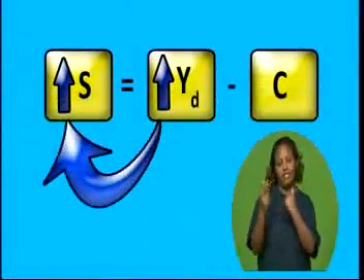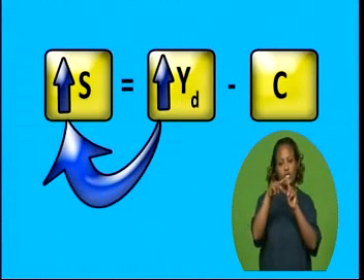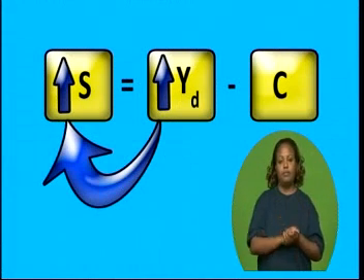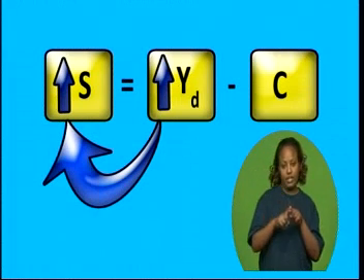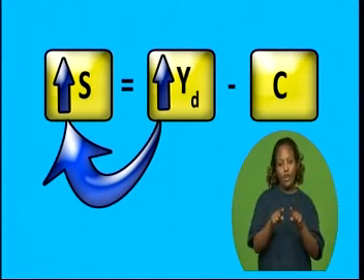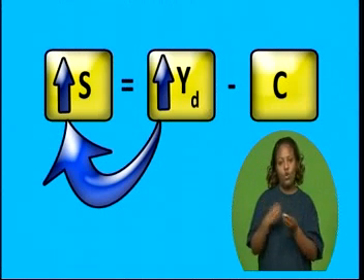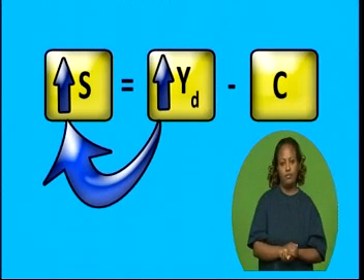This implies that the saving function is positively related with disposable income. That is, consumption remaining unchanged, when disposable income increases, savings also increase.